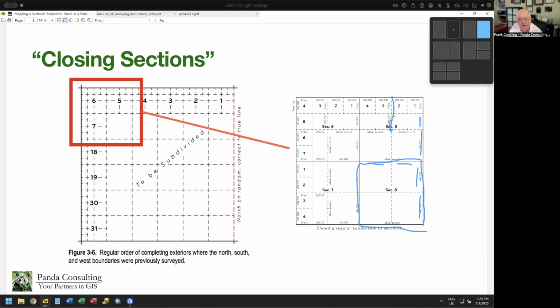So they're going to go up 20 chains, which is a quarter of a mile. They're going to go up 20 chains, and they're not going to drop a monument, but they're going to divide it up when they divide the plat up and try to get the largest number of regular type of breakdowns on here.